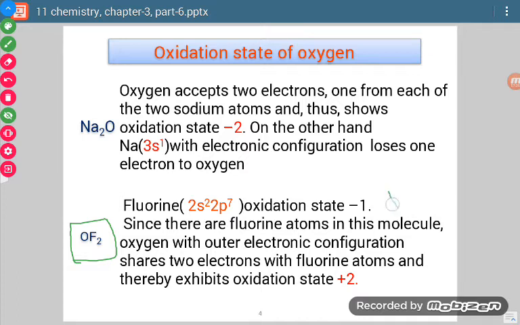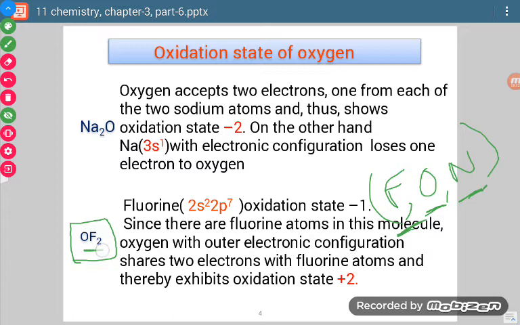It is in this order, FON. We remember it like phone. So this is first most electronegative element, this is second most electronegative element, this is third most electronegative element. So F will have oxidation state of -1. Okay, and then when O is there, then if sum of the oxidation states of a neutral molecule is taken, then it must be 0.